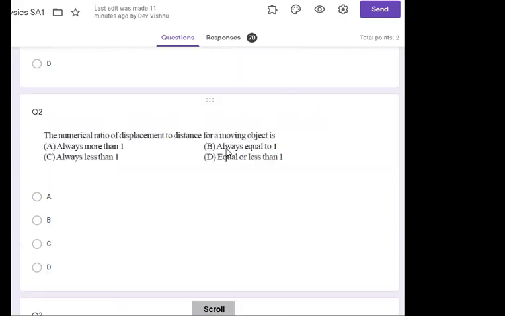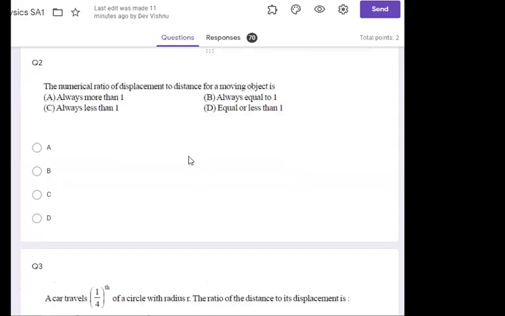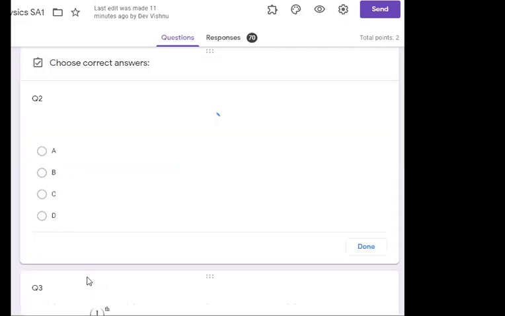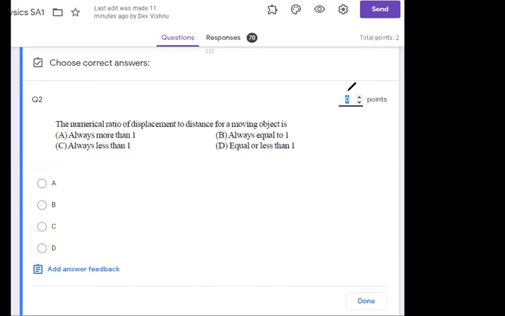Now, next. The numerical ratio of displacement to distance. I hope all of you remember that we have studied this. This was an easy problem.